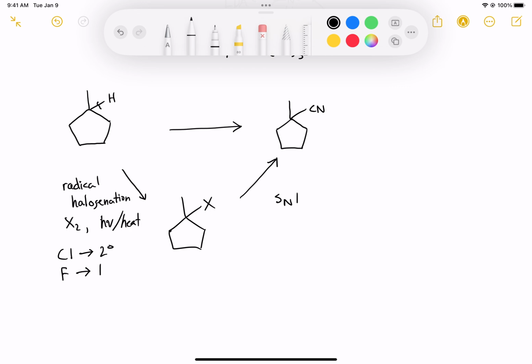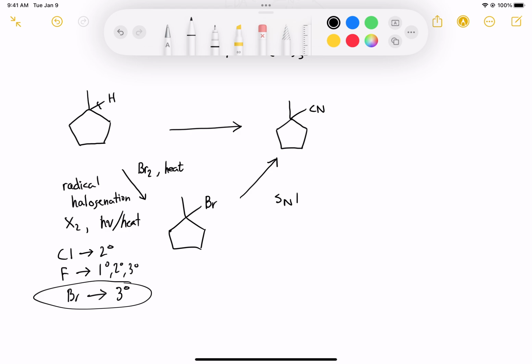So our only option is bromine, because the selectivity for bromine is very high and it'll provide the position we want in the greatest yield. So we're going to say Br2 and then heat or light. Doesn't matter. Then we erase this X. It'll give us the bromine we want, and then we can do SN1 chemistry, and it'll give us the desired product.